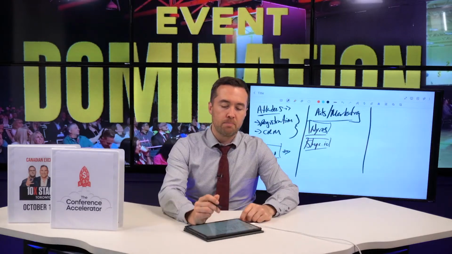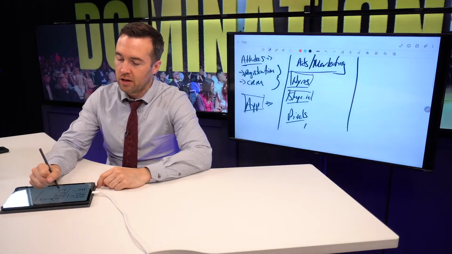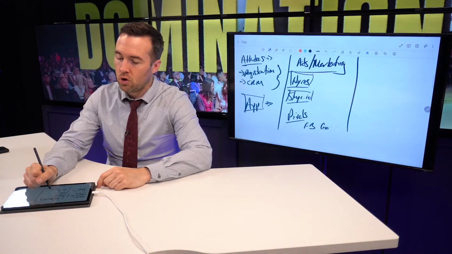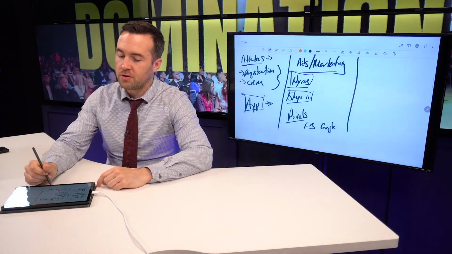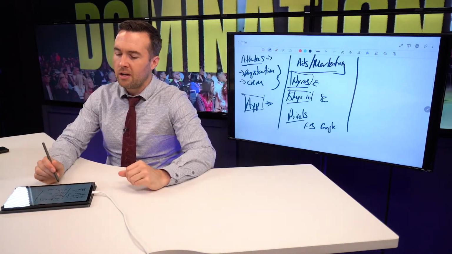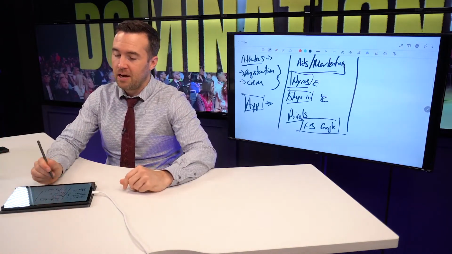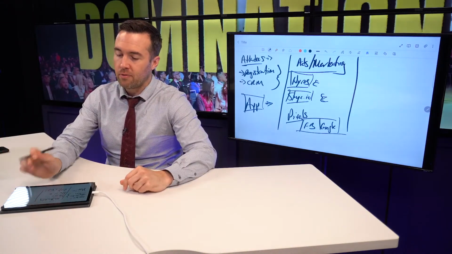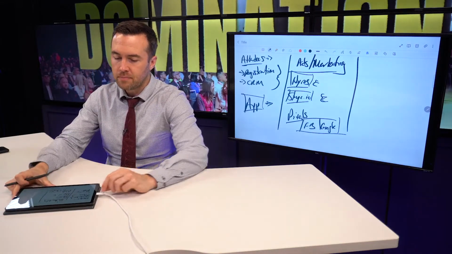So you're going to use pixels from the native platforms, like Facebook, Google, TikTok, whatever it is. But then you'll also use Hyros tracking or Stape tracking, whichever one you end up using, to really fill in a lot of the missing gaps that Facebook and Google have. So that's the ads and the marketing tracking.